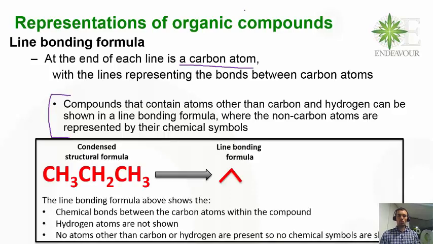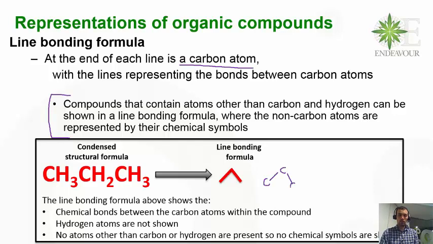So again, we can interchange between these different representations that I've shown you. So the previous one was the condensed structural formula, where we had the CH3, CH2, CH3. And this actually simplifies down to the line bonding formula here, where we've got the lines in this triangular arrangement. So remember, based on the description here, there's actually a carbon atom at the point of each line here.